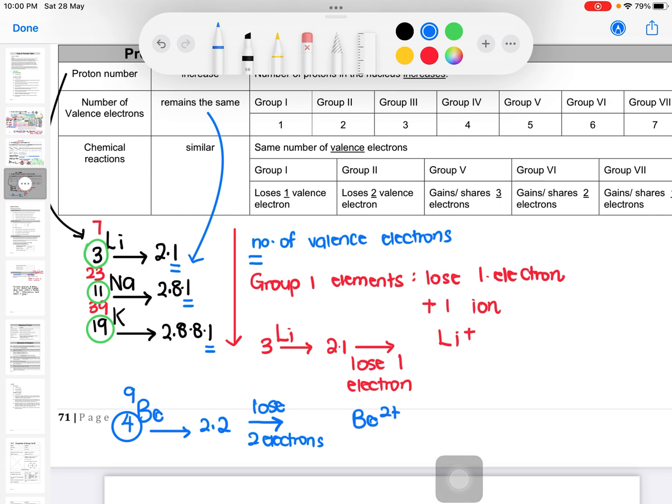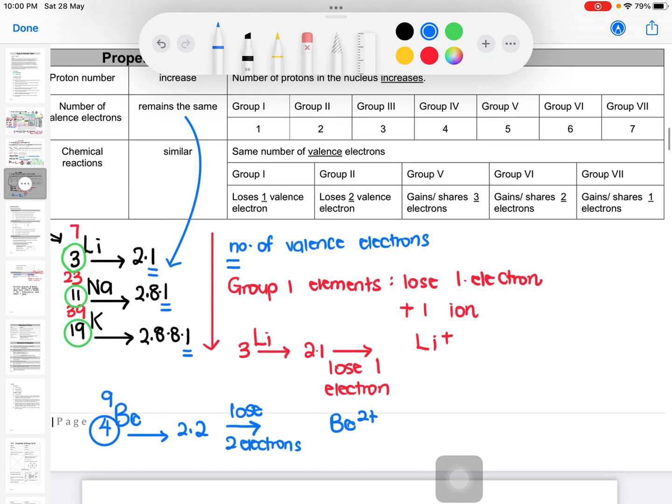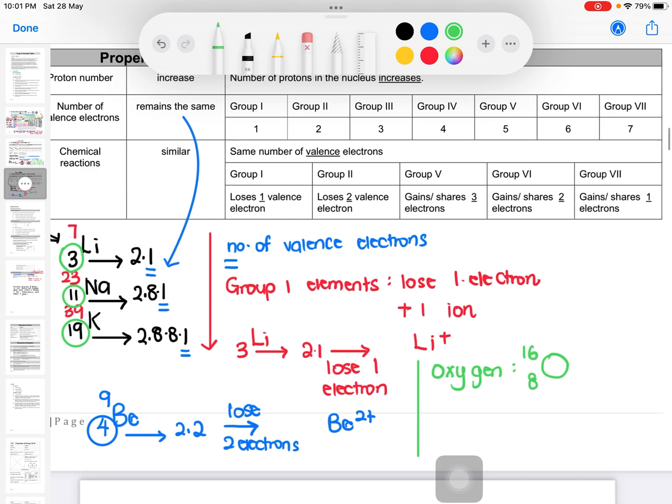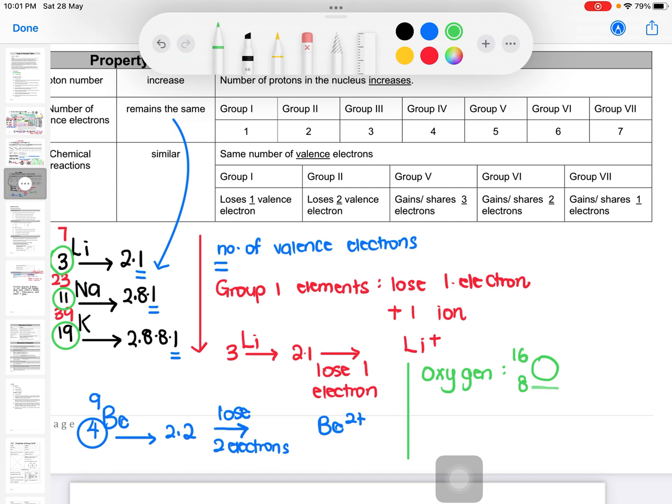If for example I have group 6, I take the example of oxygen. The symbol is O, so it's 8 and 16. For oxygen, the electronic structure will be 2.6.